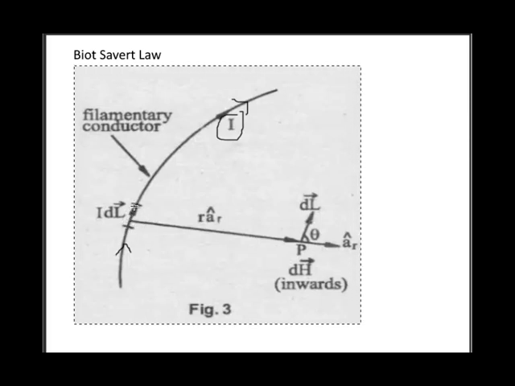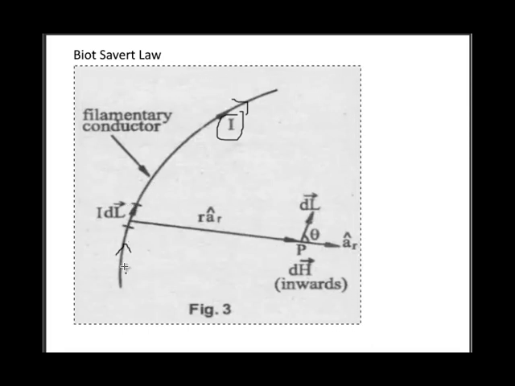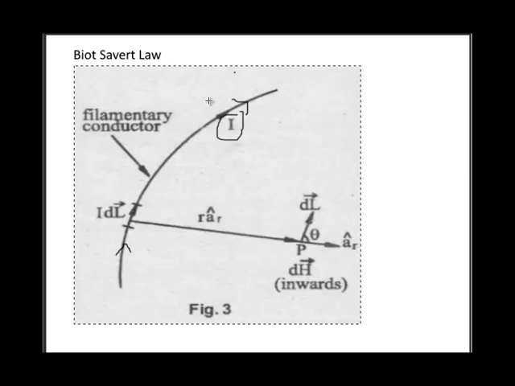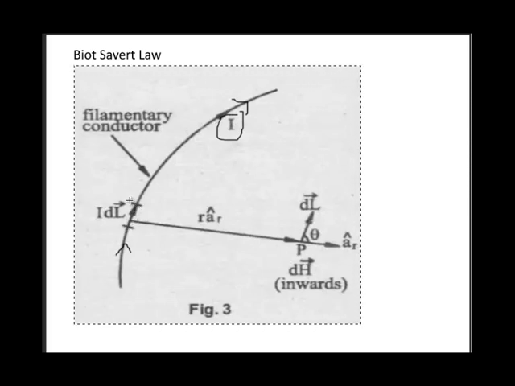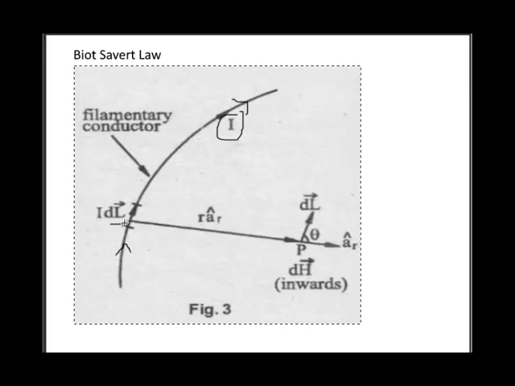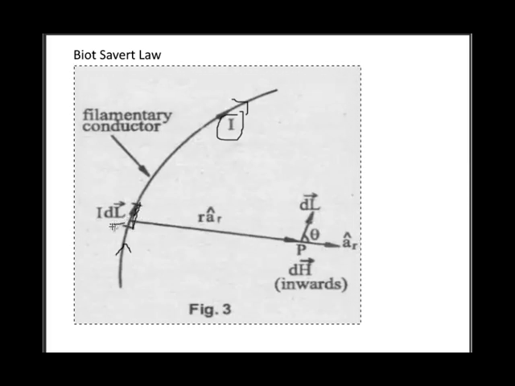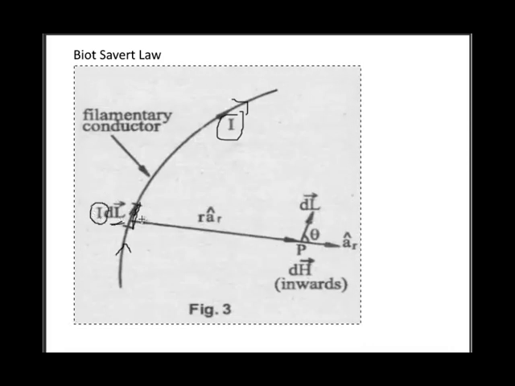It should be considered as a straight line, because it is curved in nature. You can see the filament has an arc, it has a curve, but a small length in a curve can be assumed as a horizontal line. So the small length here is the differential length, marked as dl, and multiplying it with current you get the differential current element.